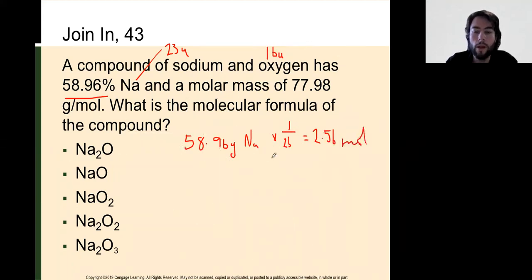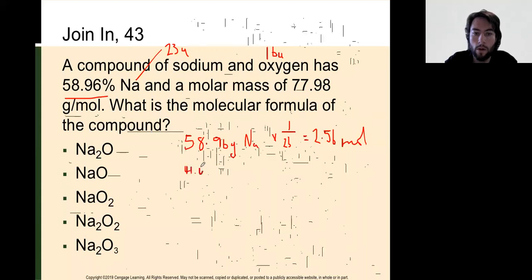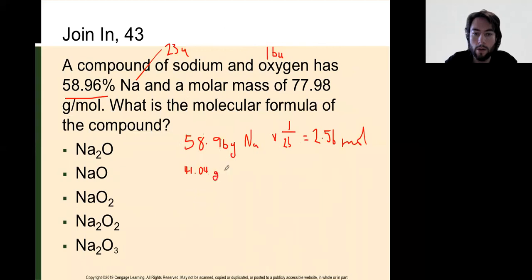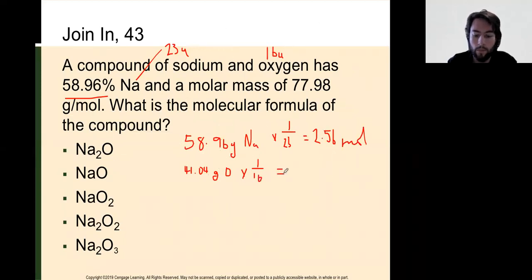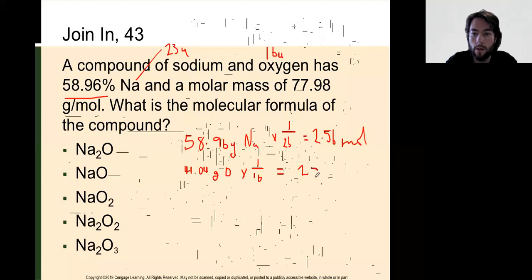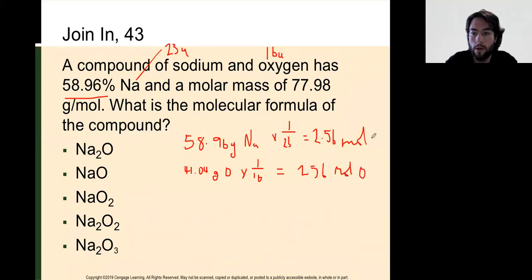All right. Then the rest is going to be 41.04 grams of oxygen, which is how many moles? 1 over 16 is going to be equal to 2.56 or thereabouts moles of oxygen, same as moles of sodium.